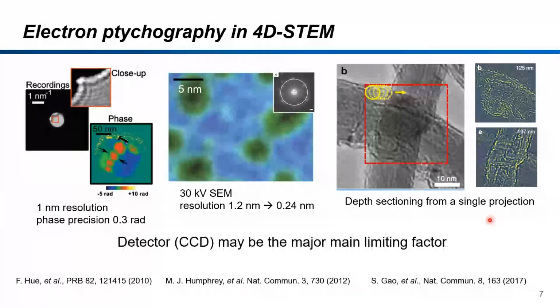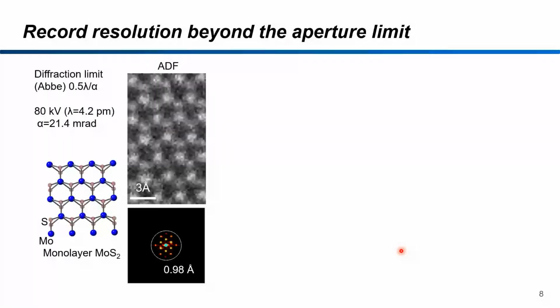So all these early works used conventional CCD cameras. The point spread function, quantum detection efficiency, and also the readout speed of these cameras were not that good. So the performance of this ptychography may be limited by this detector part.